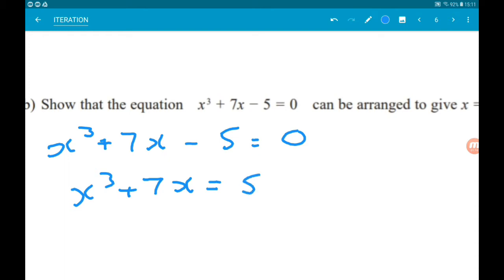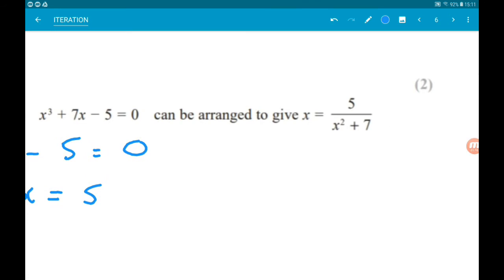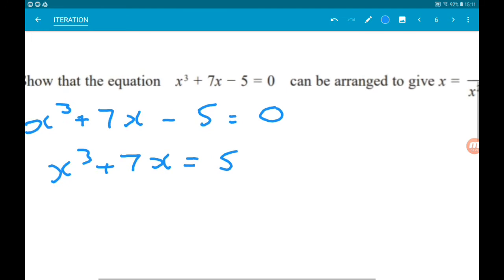Okay, so on the bottom, we want x squared add 7. So at no point in this are we cube rooting.